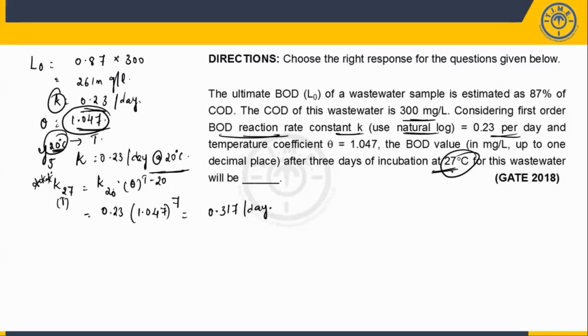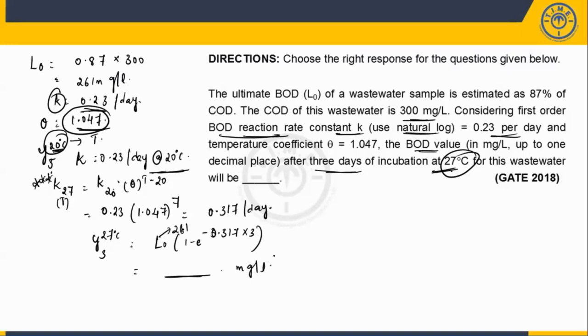Now you got K27. What is the BOD value after 3 days, that is Y3 at 27 degrees centigrade? That is L naught into 1 minus e power minus K t, with K 0.317, t 3 days, and L naught 261.